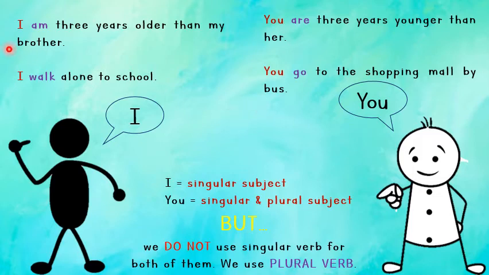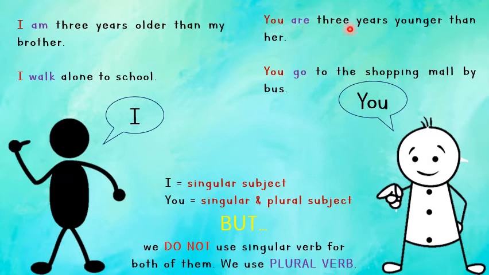So, for example, I am 3 years older than my brother. This one, am, hanya special untuk I sahaja. Okay, I walk alone to school. See, this one kita tak tambah S. I walk alone to school because we use plural verb. Okay, how about you?